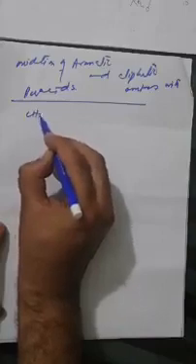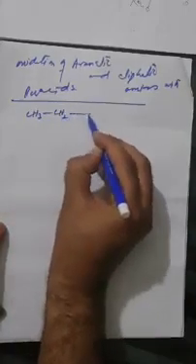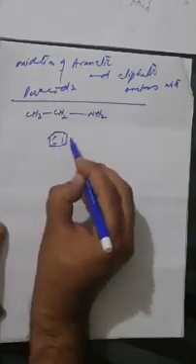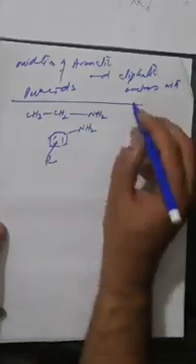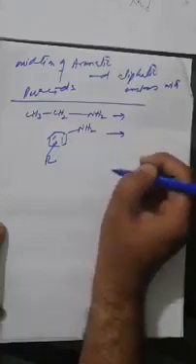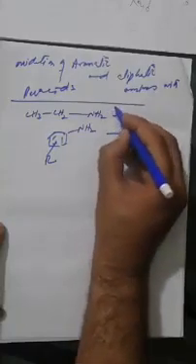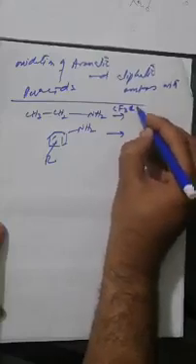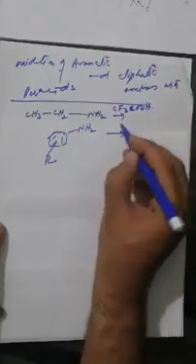Whenever primary amine, or most commonly aromatic amines or substituted aromatic amines, react with peracid, the most common peracid used is trifluoroperacetic acid.